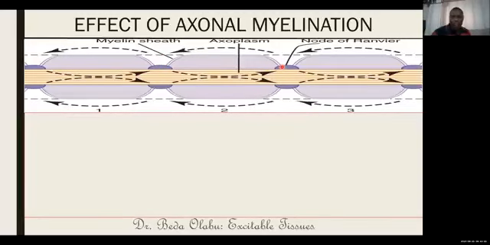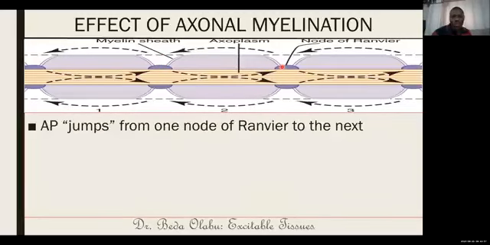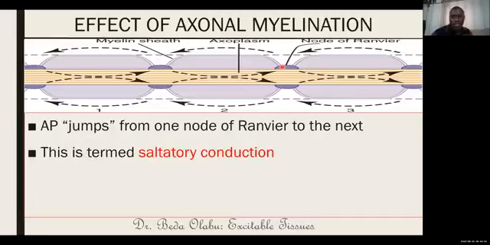This jumping of action potential from one node of Ranvier to the next is termed saltatory conduction. So myelinated neurons display saltatory conduction. The importance of saltatory conduction is twofold.